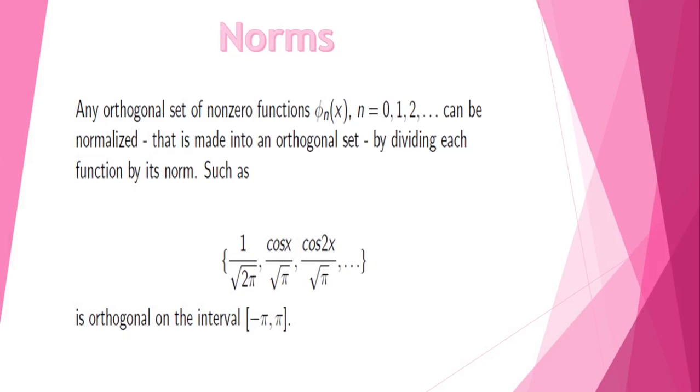Any orthogonal set of non-zero functions phi n of x, n equal to 0, 1, 2 and so on, can be normalized, that is made into an orthonormal set, by dividing each function by its norm, such as here 1 over radical 2 pi, cos x over radical pi, cos 2x over radical pi and so on. This set is an orthonormal set on the interval negative pi comma pi.